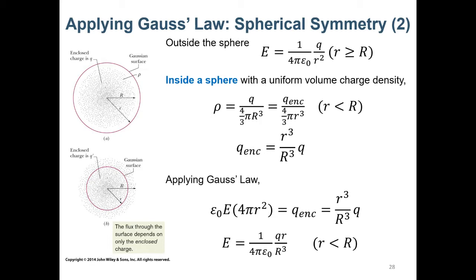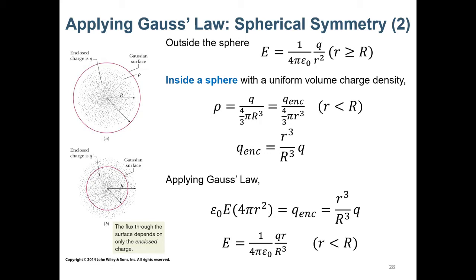So now if we consider an insulator sphere, which means that the charge may not necessarily distribute on the surface. Just now I mentioned, for an insulator, the charge can be distributed inside the volume, inside the whole shape.